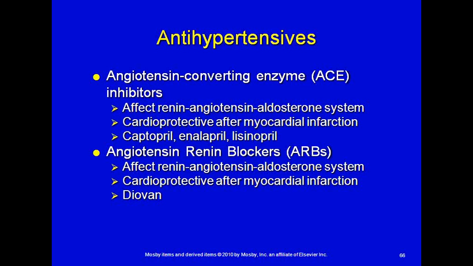ARBs are angiotensin receptor blockers, and an ARB works a little further down the chain, and it works in the liver, not in the lungs. The result is the same. The vessels dilate, and as a result of the vessels dilating, the blood pressure drops. The most common ARB out there right now is Diovan.